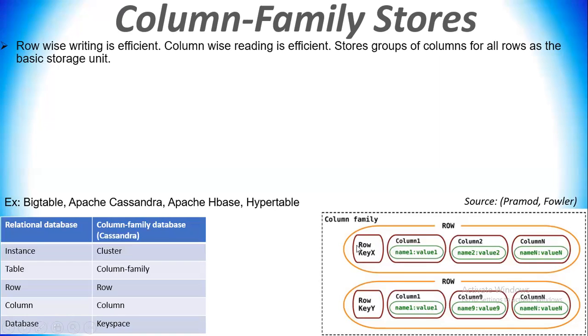But the column-wise reading, just like that one, the column-wise reading is efficient, right? So you can read by column. But reading row-wise is less efficient, and writing column-wise is less efficient.